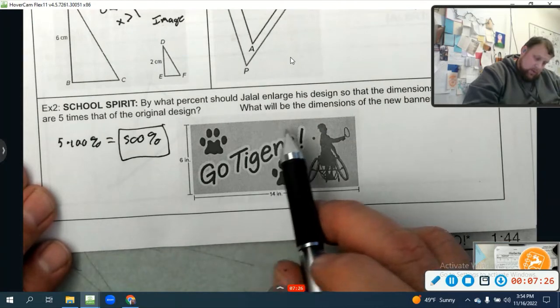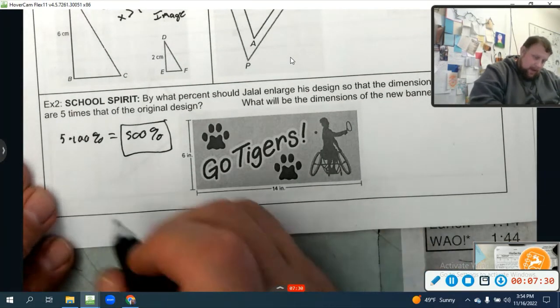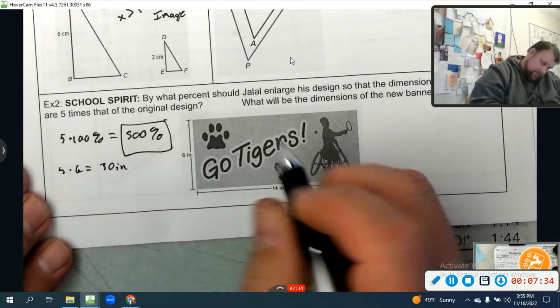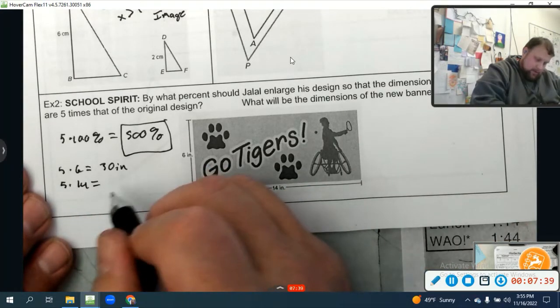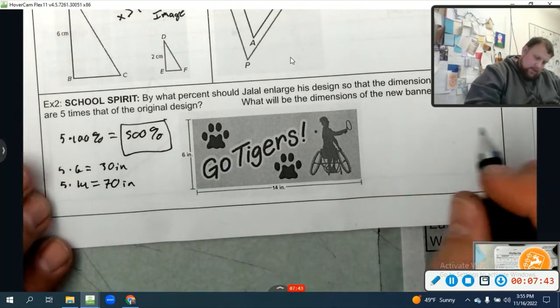And then it says, what will the dimensions of the new banner be? Well, let's multiply each of the dimensions by 5. 5 times 6 equals 30 inches. And 5 times 14 will equal, what, 50 and 20? 70 inches. So let's answer this.